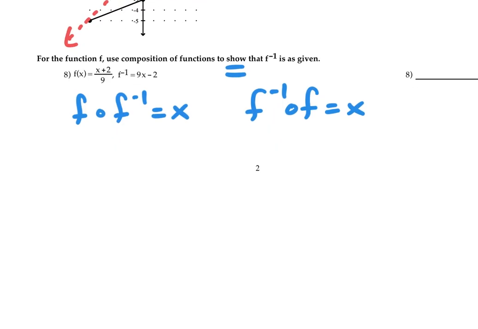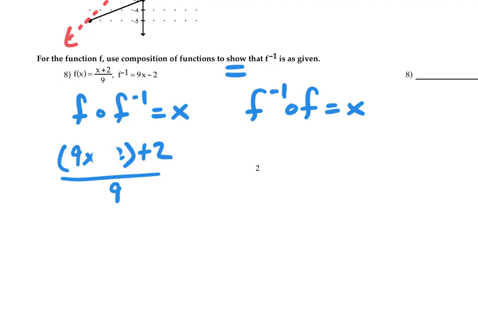And so what we'll do is if I did F follows an F inverse. So when we did composition way back when, I'm going to take this function, plug it into my original function. So 9x plus 2 is going to go in for x. And all we have to do is simplify it. It's just some algebra now. This should be 9x minus 2, though.